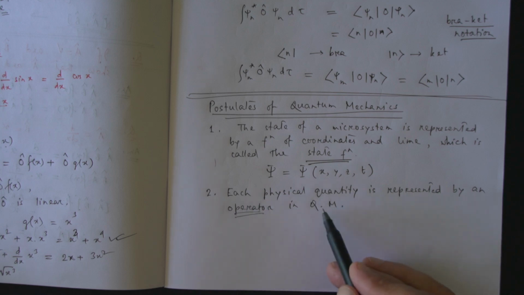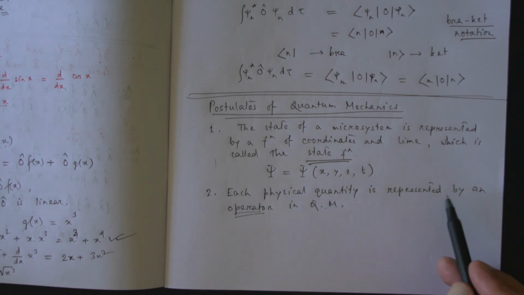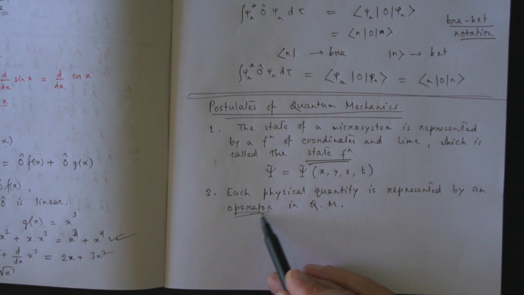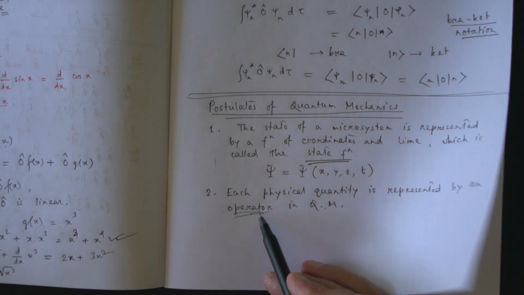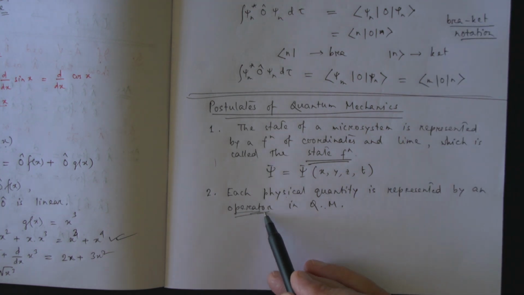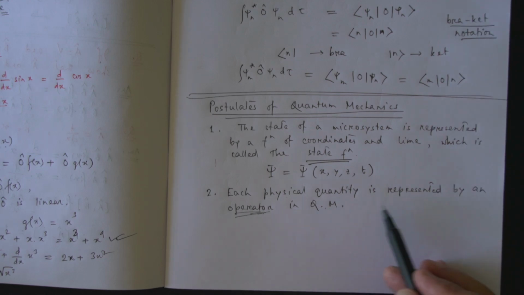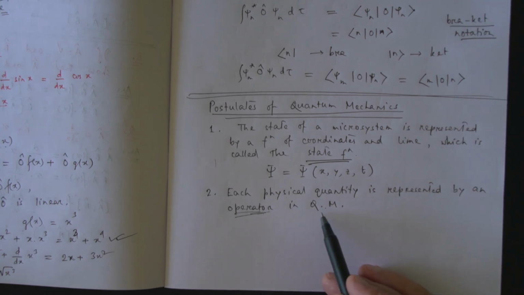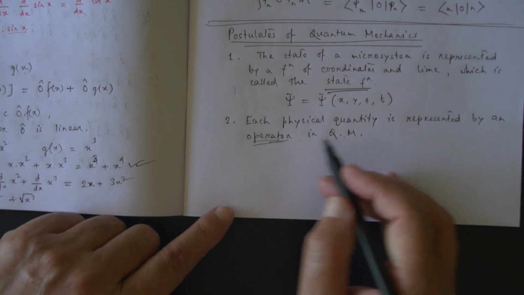Because in quantum mechanics, a physical quantity is represented by an operator, that means by a mathematical operation. So this is important.